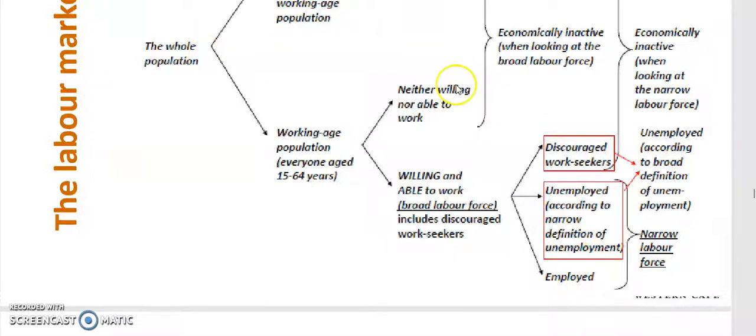So when looking at the narrow definition of labor force, people who are economically inactive also include those who are discouraged work seekers, whereas according to the broad definition, people who are unemployed include discouraged work seekers as well as unemployed people according to the narrow definition of unemployment. And then according to the narrow labor force, those who are unemployed and employed form part of the labor force.